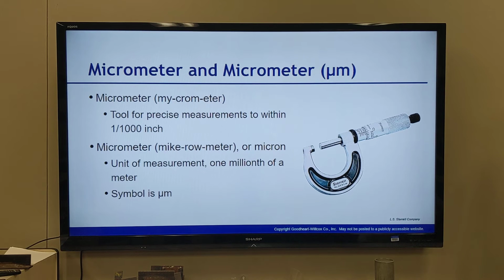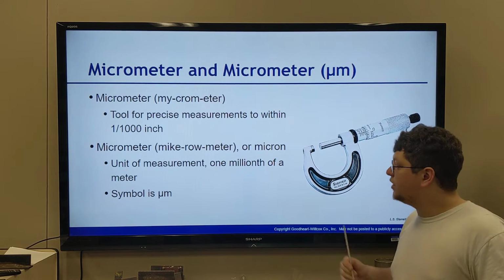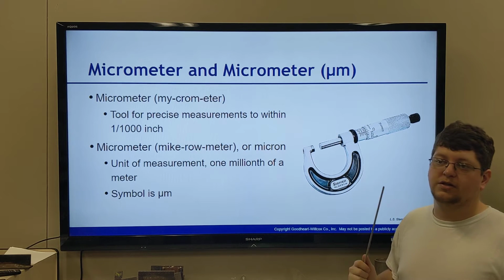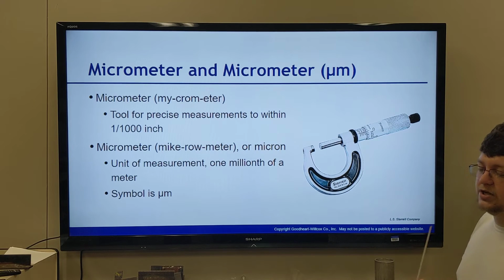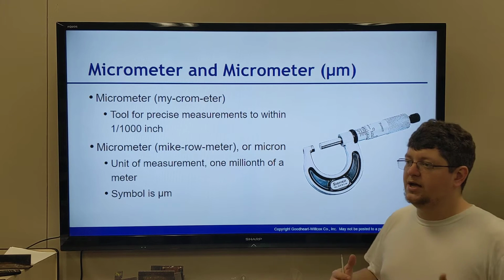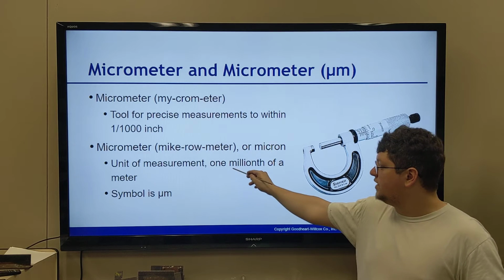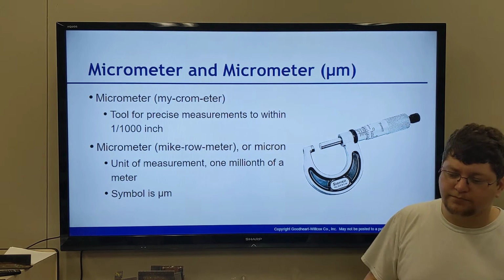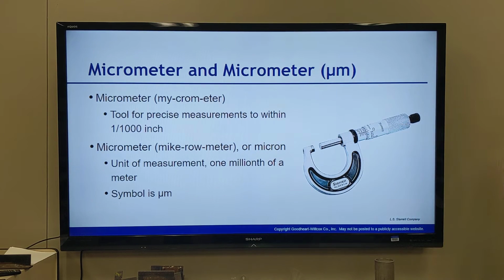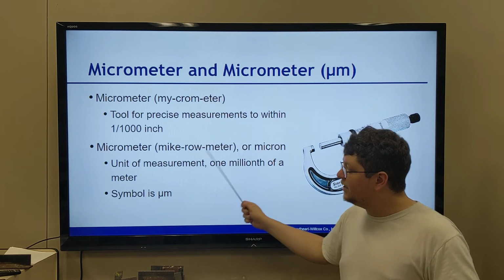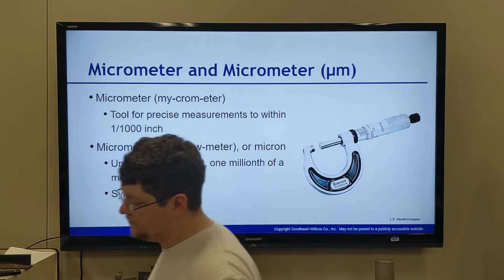For those who remember, between inches and meters, or imperial versus metric, metric gets you a lot better measurements. That is why it's typically used in the machining trade. The symbol for it is kind of like a little UM right there. That is what they're talking about when you're using a micrometer.